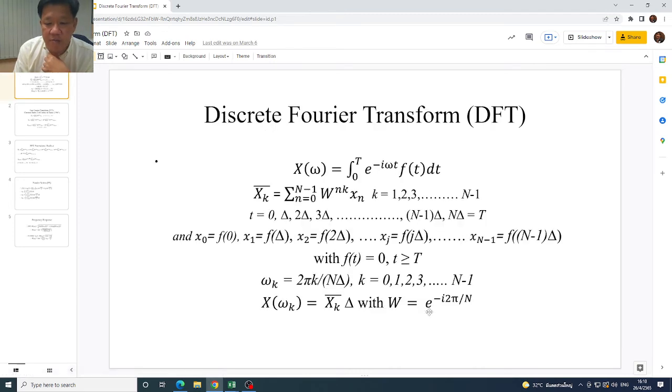Because you know that w is e to the minus i 2 pi divided by N. If you find the exponent of w by small n times big N, the big N will cancel each other. You get only e to the minus i times 2 pi times small n. And with this expanded as a complex number, it becomes cos of 2 pi times n minus i times sine of 2 pi times n.